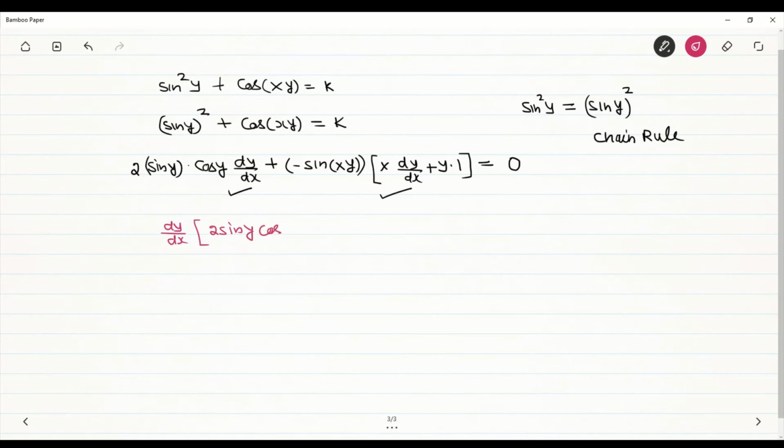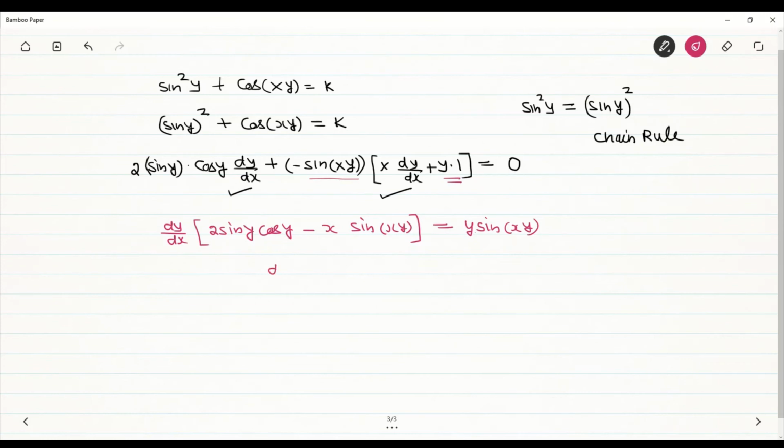After that, I am also left with minus x times sine xy, dy by dx taken common, is equal to, when this is multiplied, it can be taken to the right hand side. Since it is negative over here, when it goes to the right hand side, it becomes sine xy times y. So I'm writing y in front.